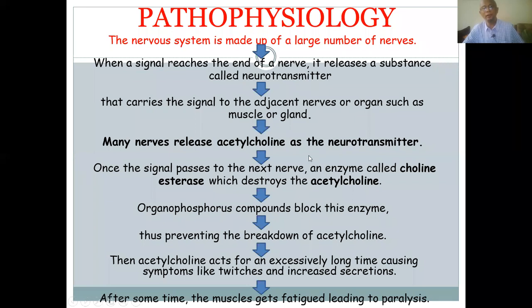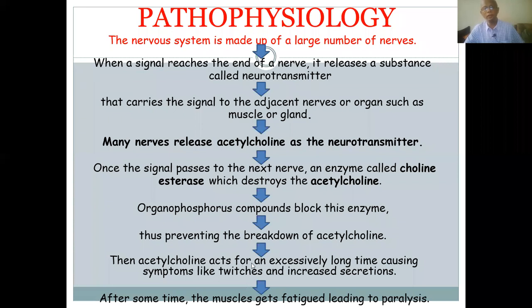And this poison neutralizes or binds these cholinesterases, so the half-life of acetylcholine is increased. Organophosphorus compounds block this enzyme, thus preventing the breakdown of acetylcholine.